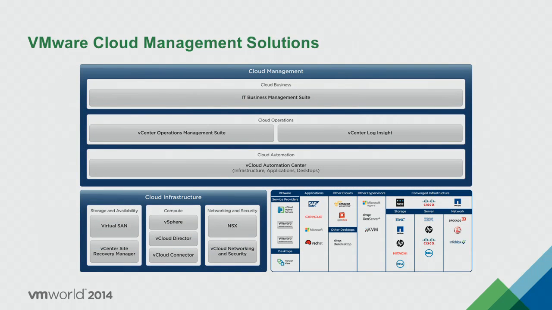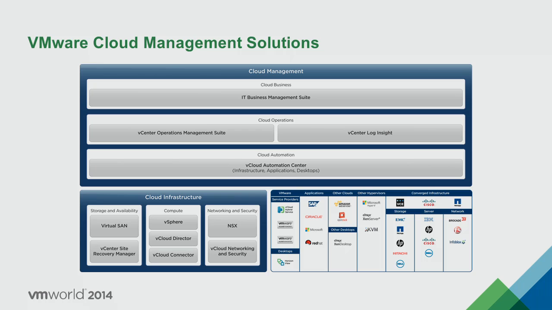If we look at the architecture, everything is built on the VMware cloud infrastructure. But we're also focused on converged infrastructure from a physical standpoint, on other virtualization technologies, and on other cloud technologies as well. vCAC is that core piece that sits over it and provides the governance and the automation on top of it.